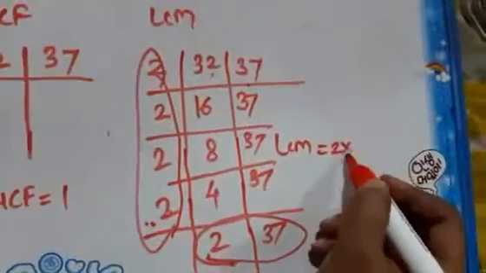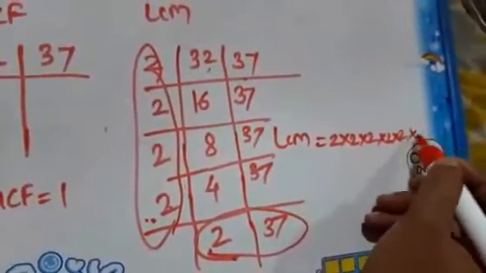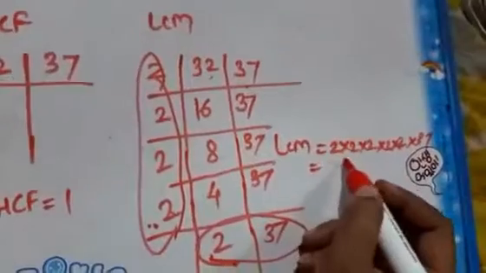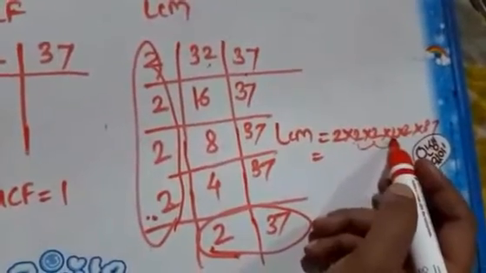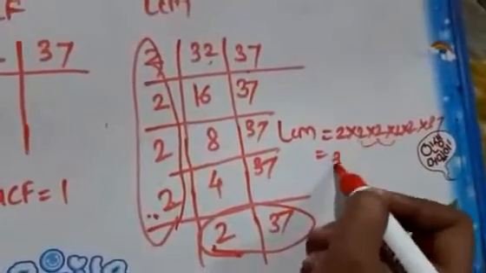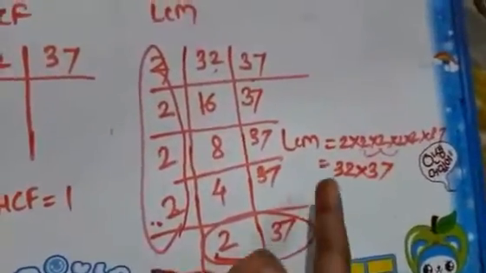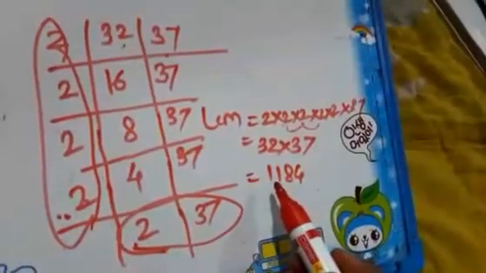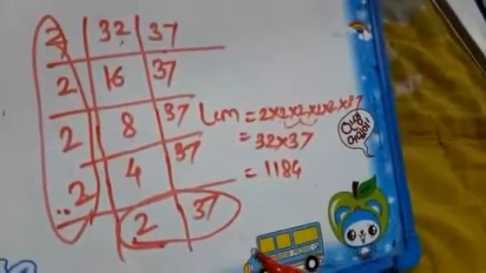So 2 into 2 into 2 into 2 into 2 into 37. 2 into 2 is 4. 4 into 2 is 8. 8 into 2 is 16. 16 into 2 is 32. 32 into 37. So this product will be 1184.